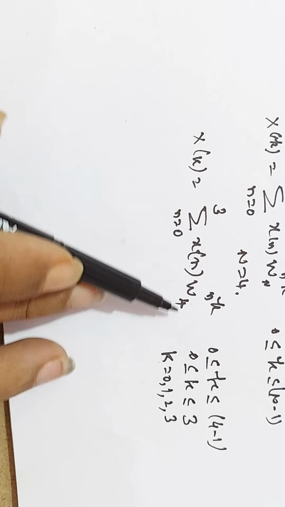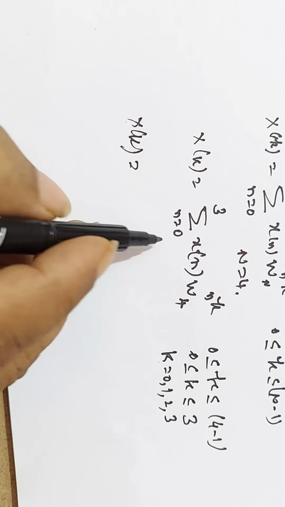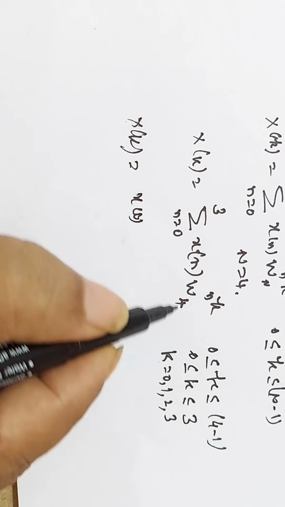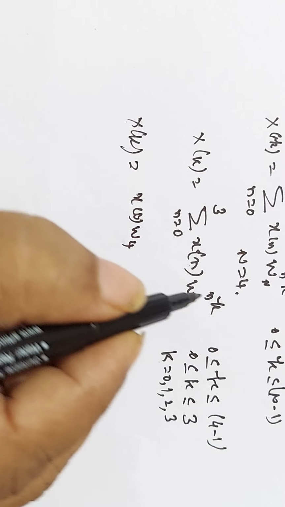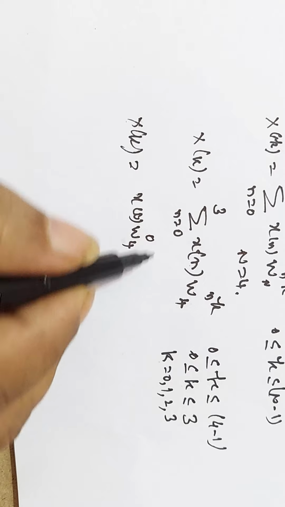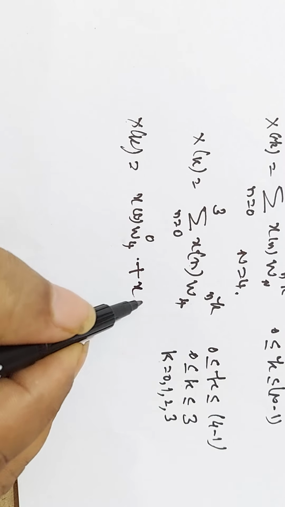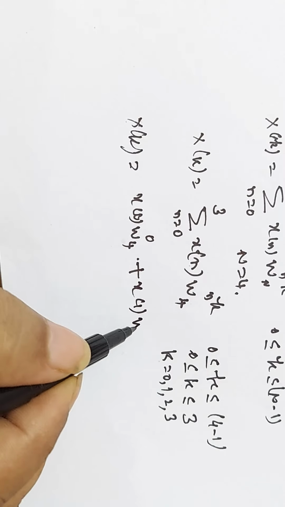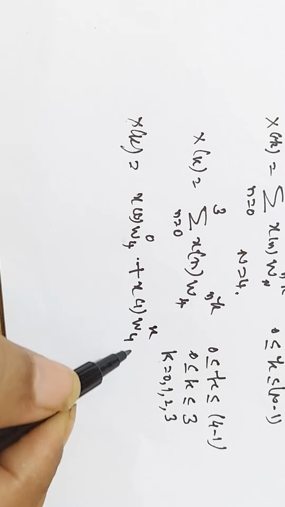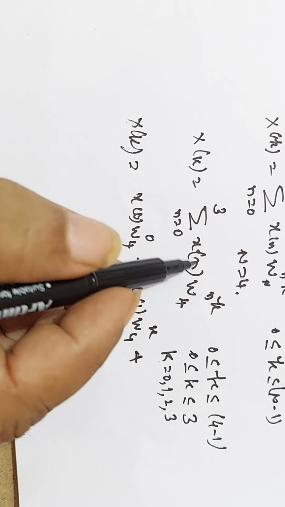Therefore, this expression can be written as x of k equals, when n equals 0, this is x of 0, W4, n is 0, 0 into k is 0. Summation means plus. Next, n equals 1. This is x of 1, W4, n is 1, 1 into k is k itself. Next, n equals 2.